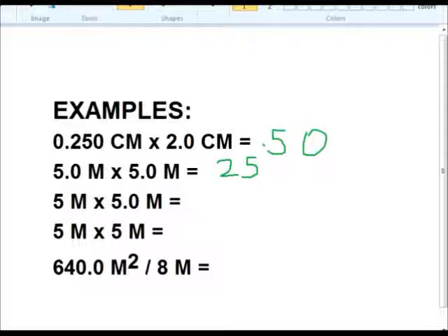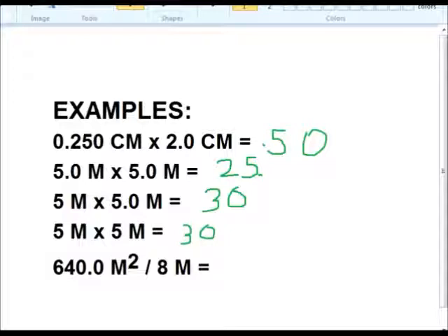The answer would be 25, but I can't have 25. I've got to round it up to 30. And then the next one, 5 times 5. Just like the one above, they both have one significant figure, so my answer can only have one significant figure. Again, it would have to be 30 for the answer.